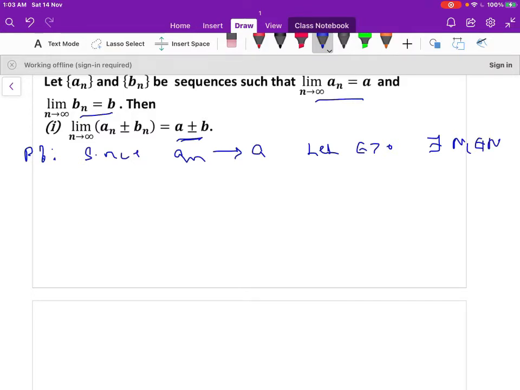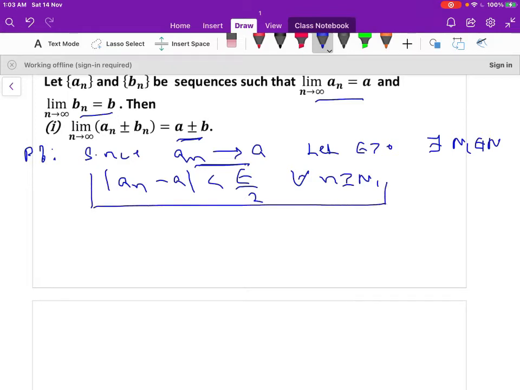There exists n1 belonging to the natural numbers such that modulus of a_n minus A is less than epsilon by 2 for all n greater than or equal to n1. Since a_n converges to A, by the definition of convergence of a sequence, this holds. So this is equation 1.